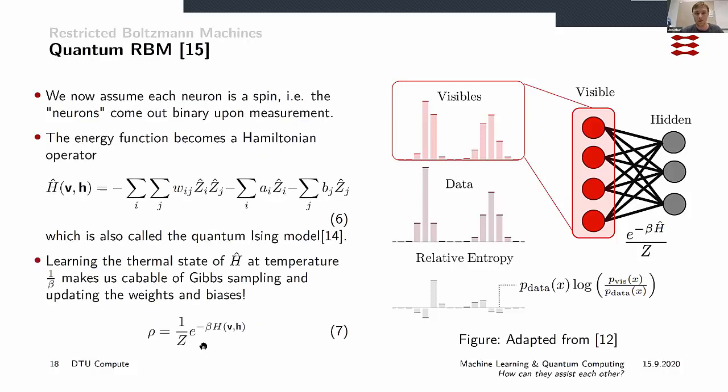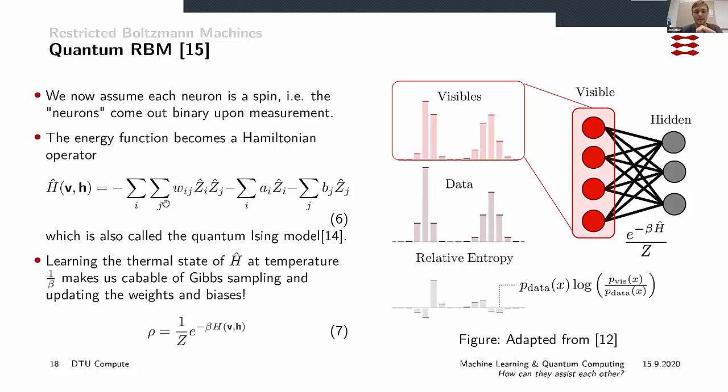In the quantum case, we now assume that each neuron here, each of these circles, are spins. And as you know, just as we had the energy function before, in quantum mechanics we don't have a function as such. We have what's called an operator. Specifically, for the energy operator, that's called the Hamiltonian.